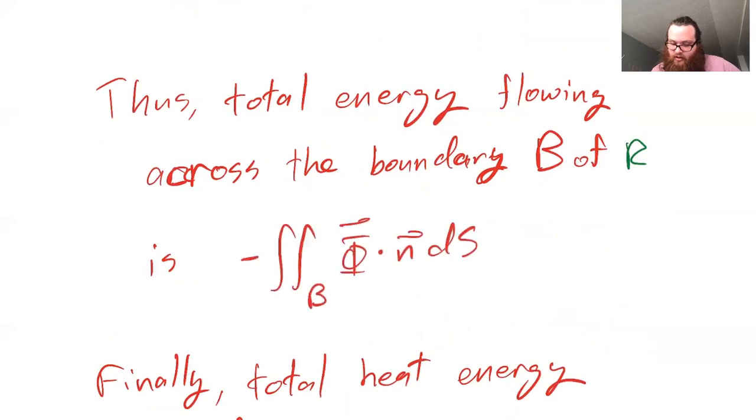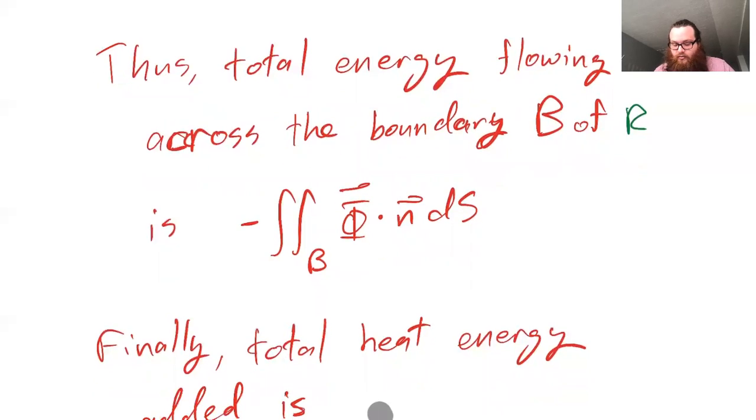Okay, so coming back, what is the total energy flowing across the boundary? That's going to be negative the double integral over the boundary of the flux dotted with the normal vector over the surface. What's the interpretation of the sign?